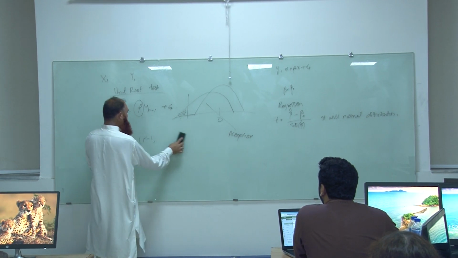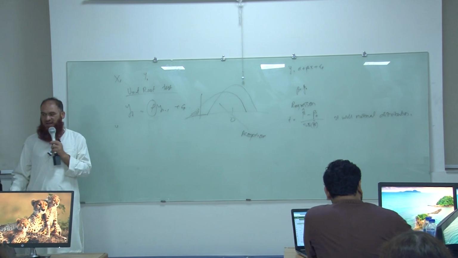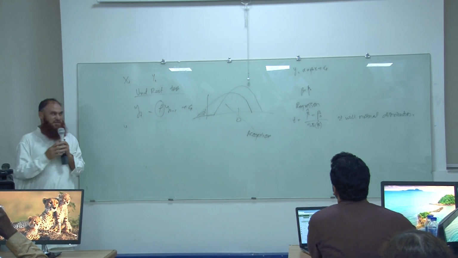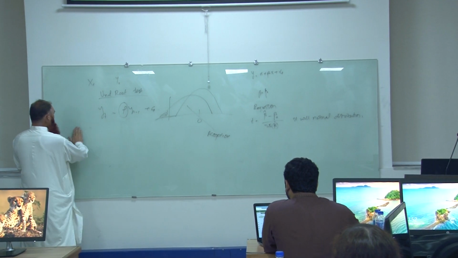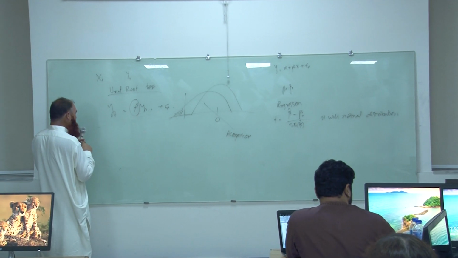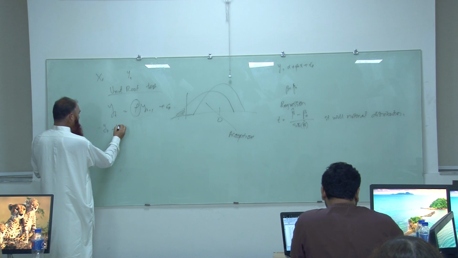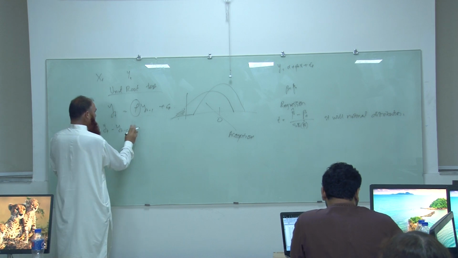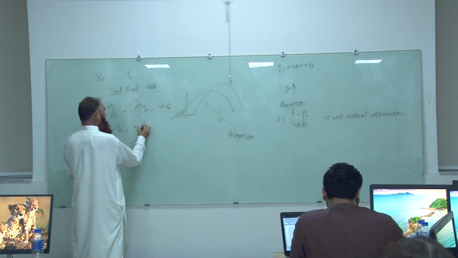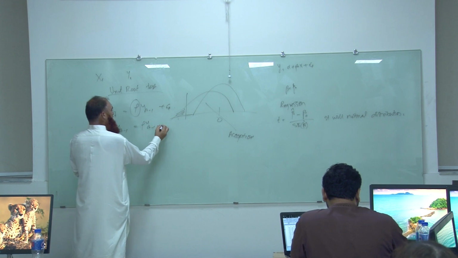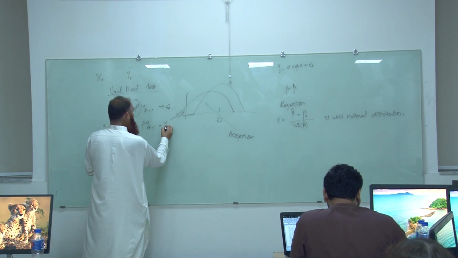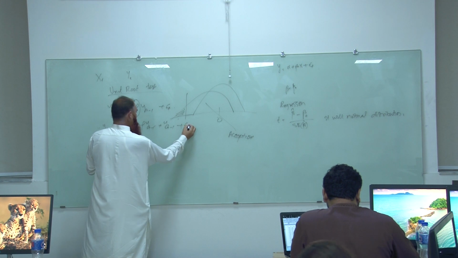There is one modification which needs to be done. Basically, if you subtract yt minus 1 on both sides, you will get yt minus yt minus 1, which is equal to rho yt minus 1 minus yt minus 1 plus epsilon t.